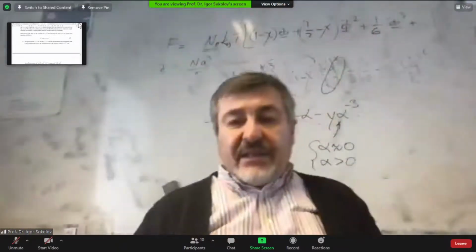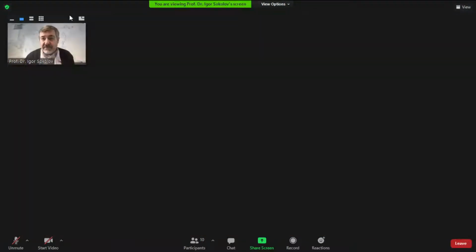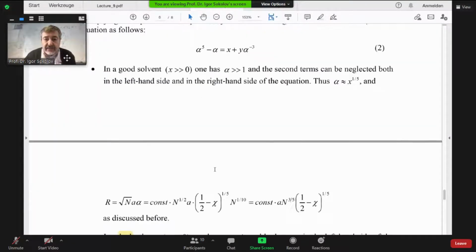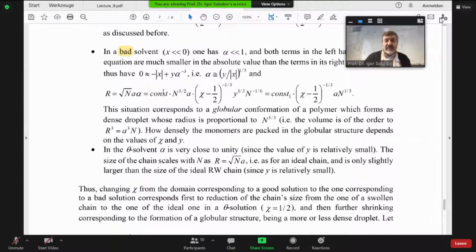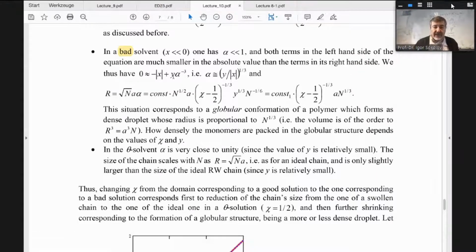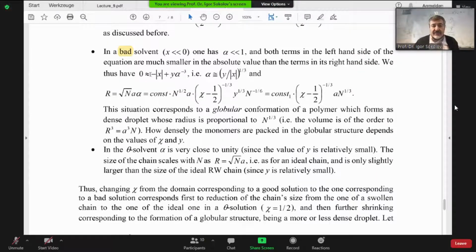Now let me analyze how this solution behaves. Now I have alpha goes as y divided by x to the power of 1/3.